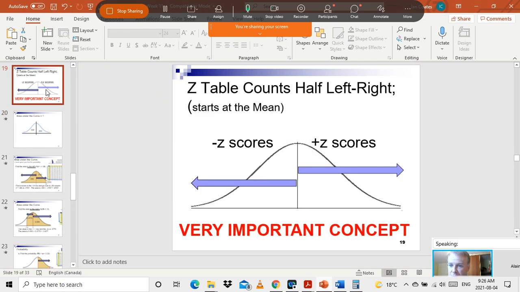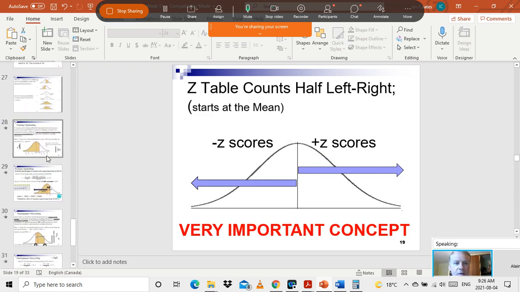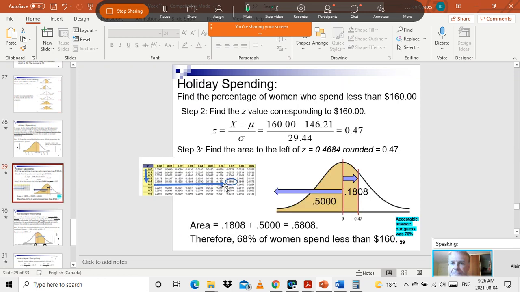That's how this one works. What does that 0.1808 mean? It's only talking about this distance in here, because that's your 160 mark right there, at 0.47 deviations.